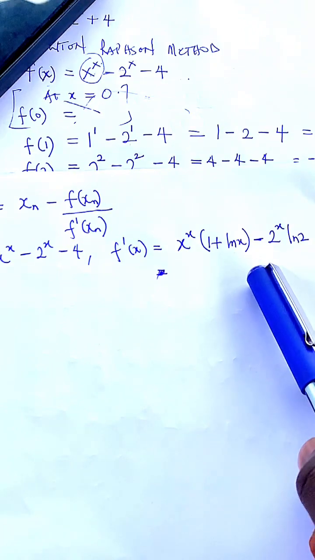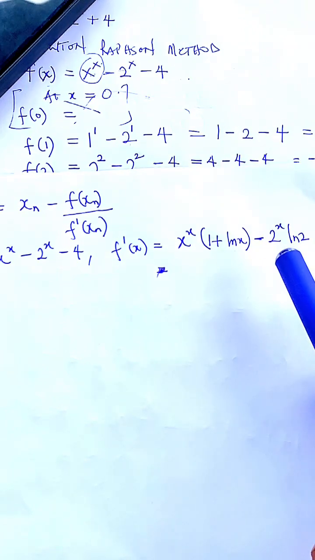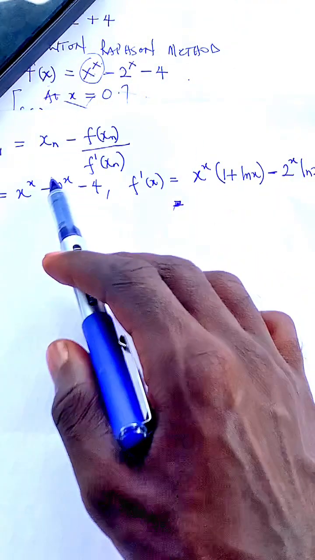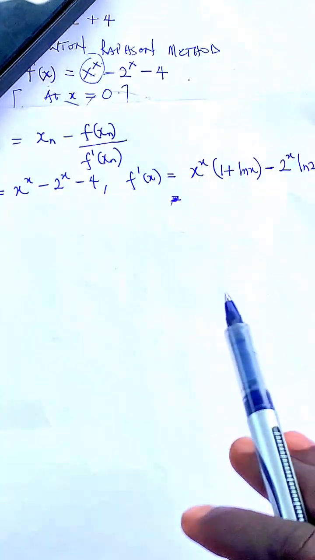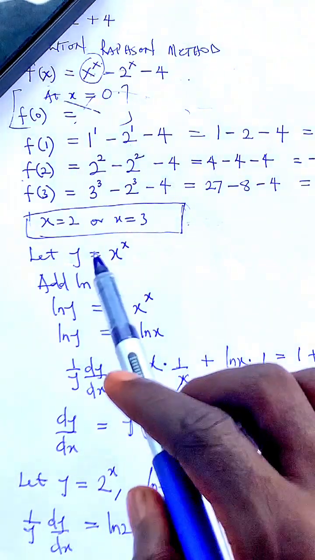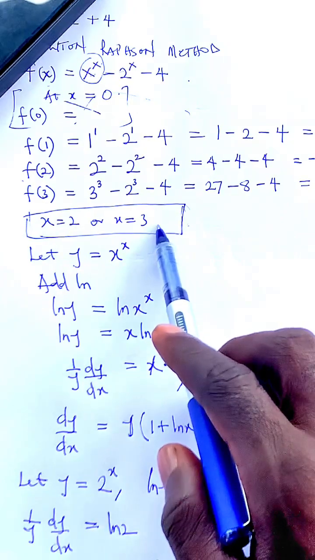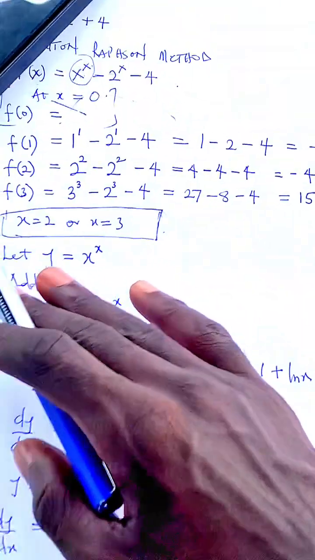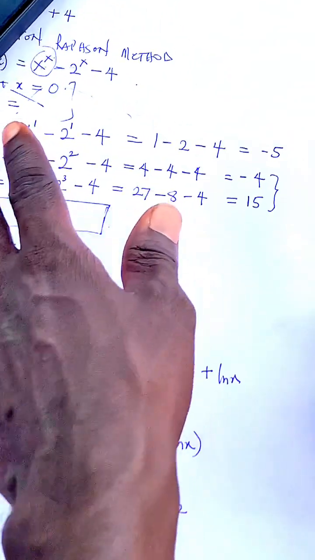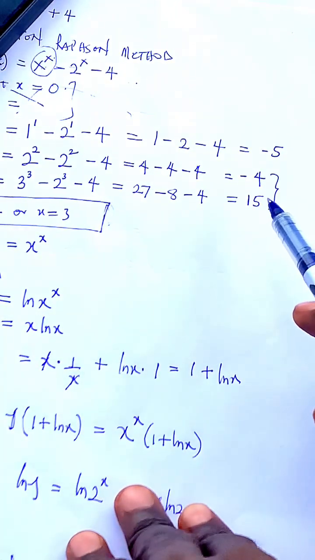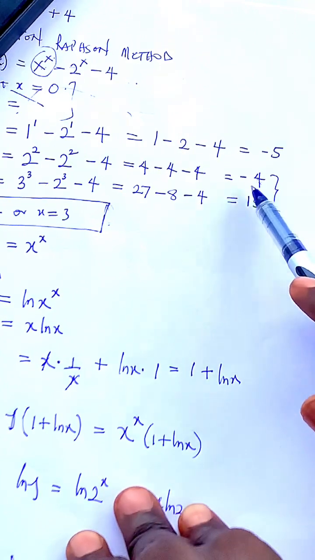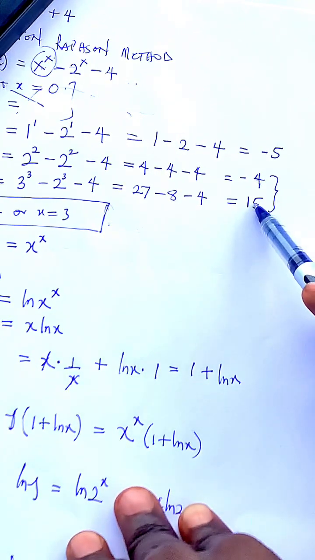So now, what are we doing now? What we do now is to bring out the root, the root that we had at first, which is this. These two. We need to check which one is closer to 0. Which one is closer to 0? You will see that this minus 4 is closer to 0 than 15.